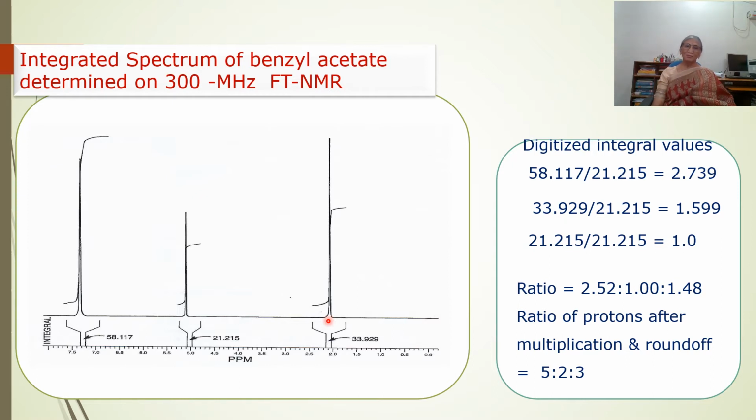This is the NMR spectrum of benzyl acetate recorded on a modern NMR spectrometer, at 300 MHz FT-NMR. So there is no need to calculate the number of divisions from the chart, since digitized integral values are given from which we determine the relative number of protons giving a particular signal.